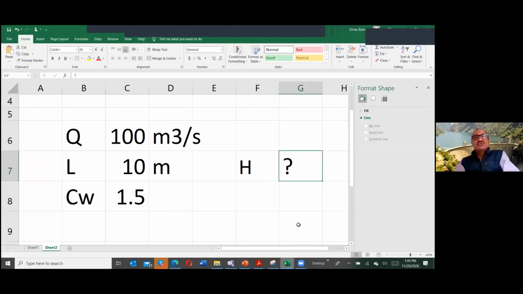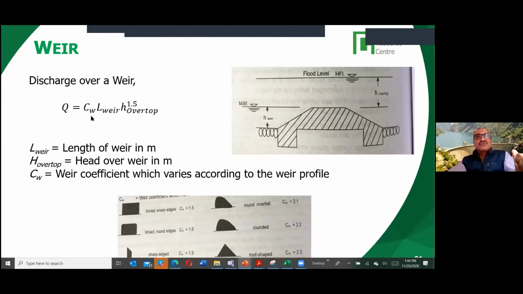So you use this formula: Q equals C times L times H to the power 1.5.